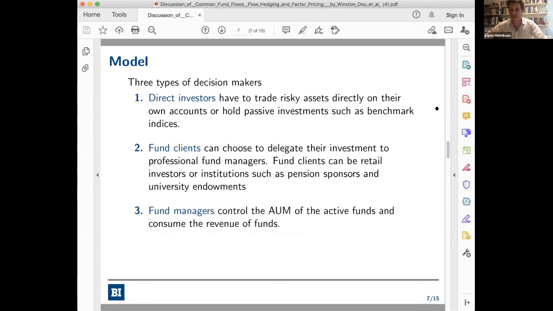These can be either retail investors or institutions like pension sponsors, pension funds, university endowments, you name it. And lastly, we have the fund managers, who control the assets under management of these active funds, and they consume part of the revenue of the funds, or a fraction of the AUM, the assets under management.